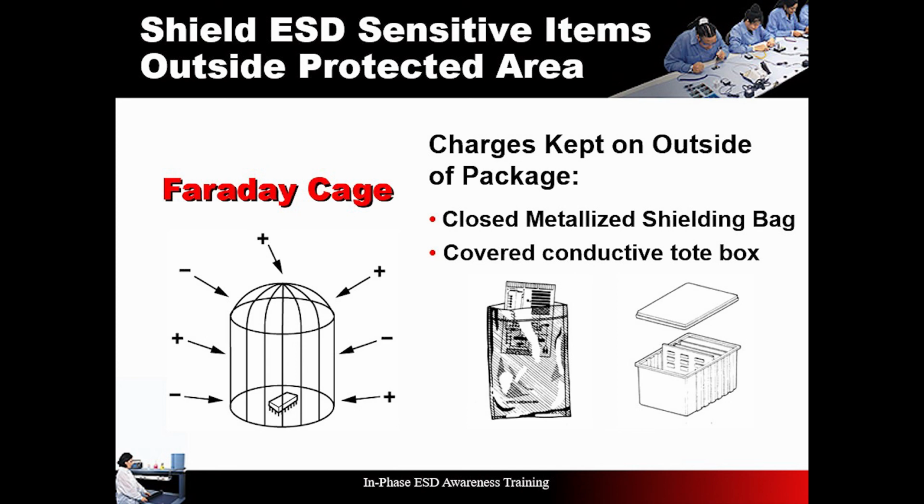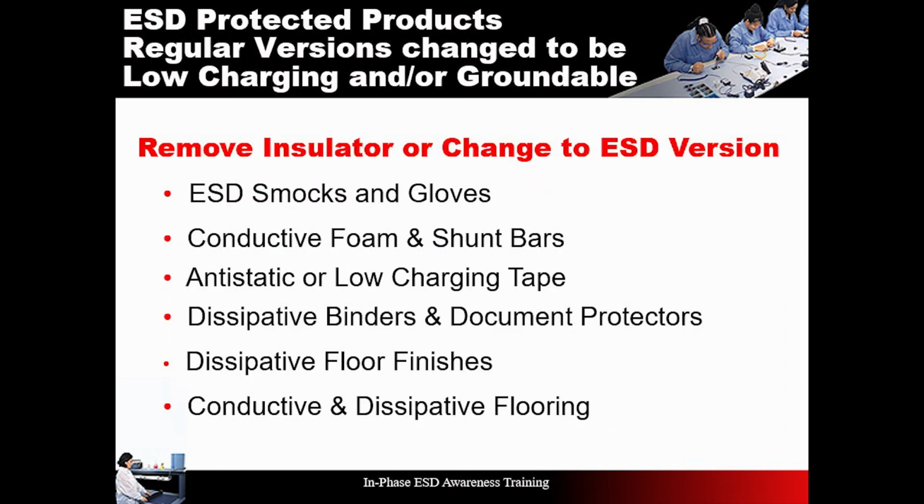This acts as a Faraday cage, preventing charged particles from reaching the sensitive item. Items that can act as insulators should be removed and replaced with items that are low-charging or groundable. Examples of items that can be replaced with ESD protective items are listed here.